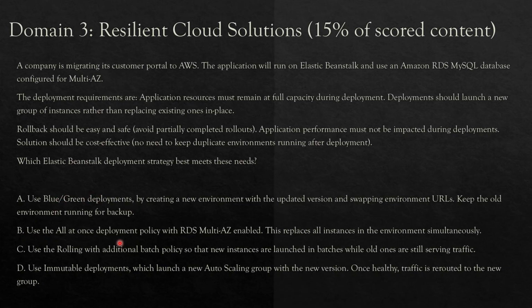Option B is the all-at-once deployment policy, and here it says application resources must remain at full capacity during deployment. So this does not work. C is rolling with additional batch. D is immutable. So see, I immediately eliminated options A and B, and I was only left with C and D. You can use this kind of strategy for each and every question in your exam.